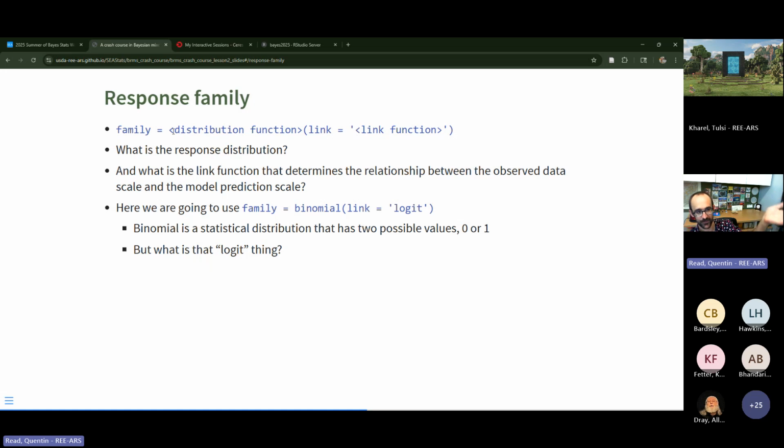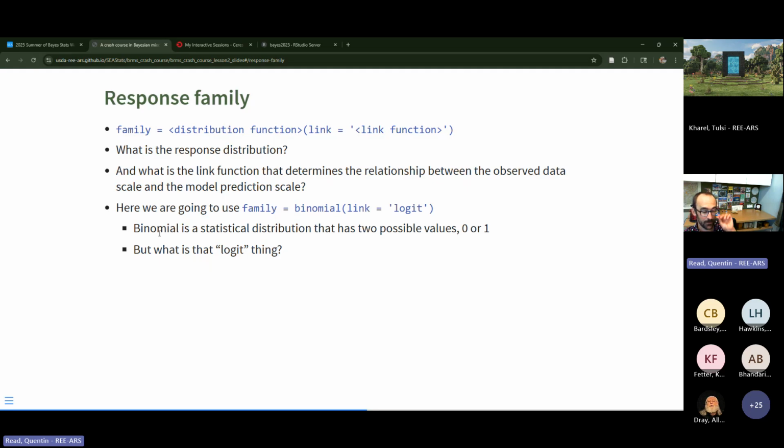What distribution does it follow? The default is normal. Now we're saying it's following a not normal distribution. And what function are we going to use that is determining the relationship between the observed data and the model predictions? That's the link function. In this case, binomial is the family and logit is the link.